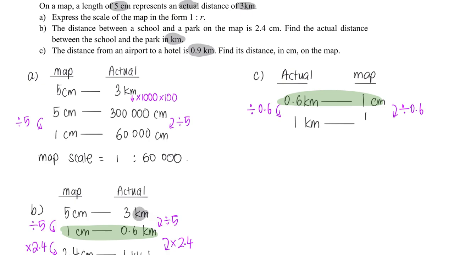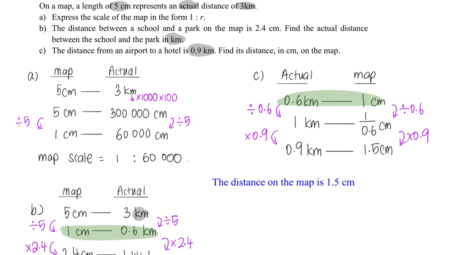In this case I don't really need to do the actual calculation yet, so I just leave it as 1 over 0.6, and from there I could get my 0.9 kilometer easily by multiplying by 0.9 on the other side of this set of working, and that will give me 1.5 cm. And so the distance on the map in this case will be equal to 1.5 cm.